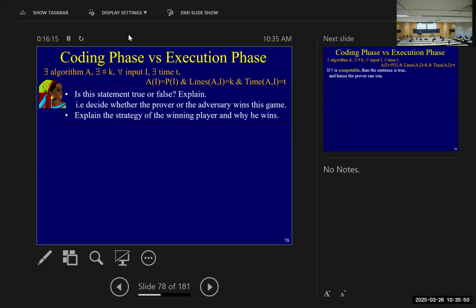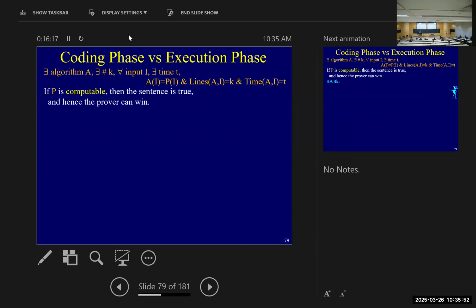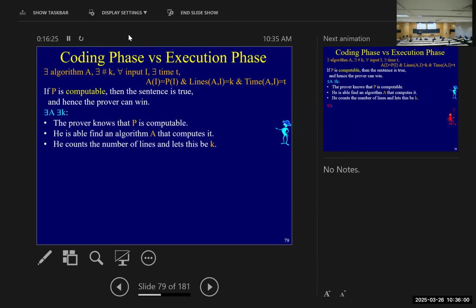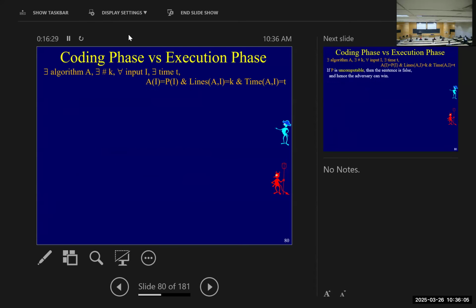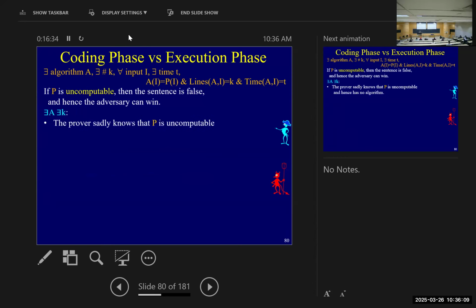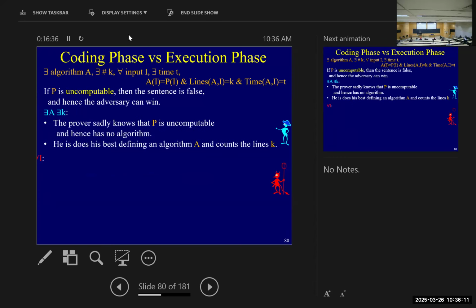Is the statement true or false? Explain. Well, if P is computable, then it's true. We just give the algorithm that can compute it. And if P is uncomputable, then it's false.